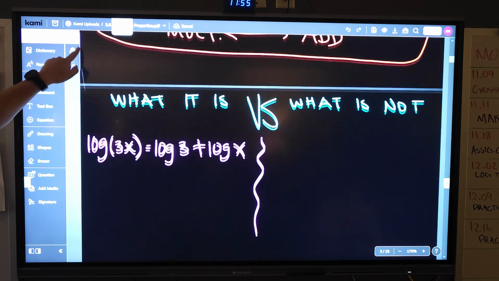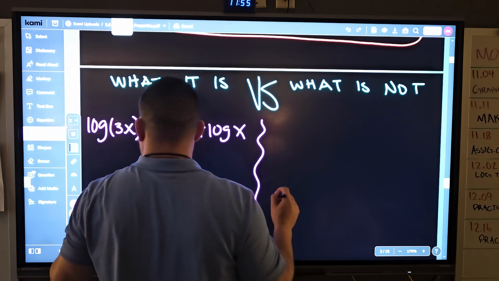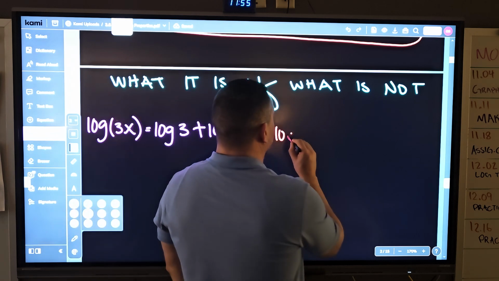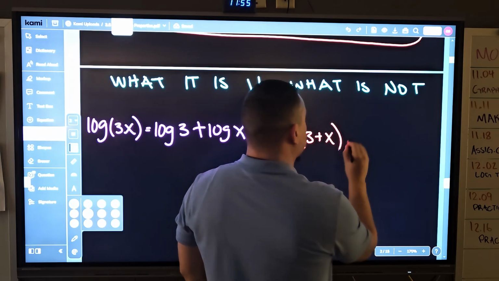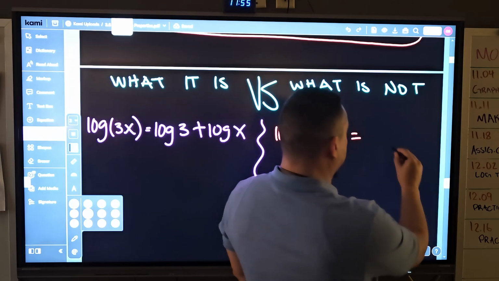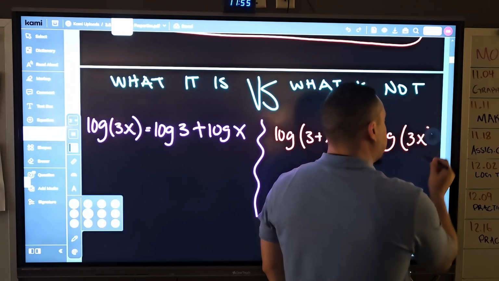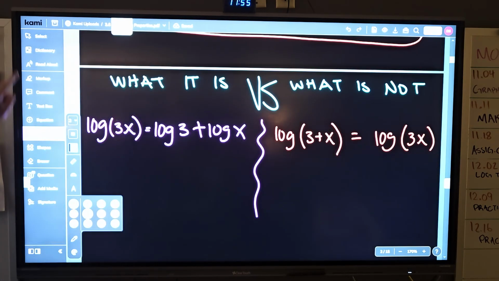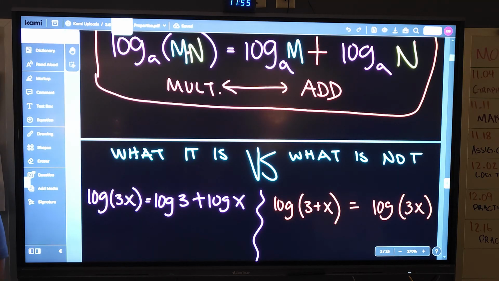That makes sense? Okay, here's what it's not. So you don't get it confused. I can't do, put this one in red, the log of 3 plus x and then turn it to the log of 3 times x. I need to let that sink in so you can understand why that's not true. Notice, what's inside the parentheses is called the argument.